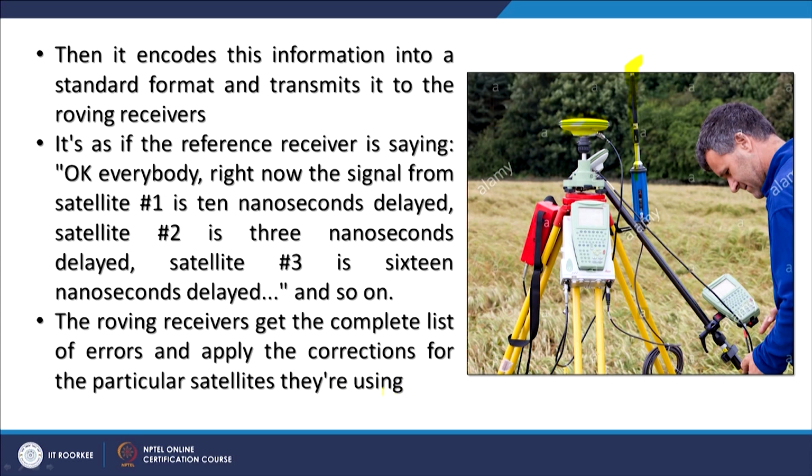As mentioned earlier, the base station might be giving this information for 10 satellites, but the roving receiver is getting access to only 5 satellites, but these are the common 5 satellites, and that way it can improve the accuracy. So, that brings us to the end of this discussion on differential GNSS.